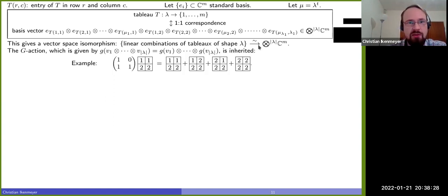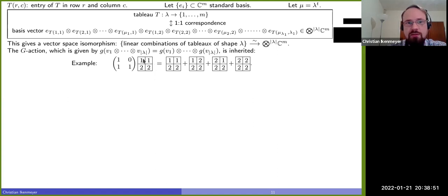And so this will give actually an action. You have your usual action on the space of tensors from your general linear group, but now you can actually let it act on a tableau. So for example, this matrix here would send E1 to E1 plus E2. Now you want to let it act on a tableau like this.